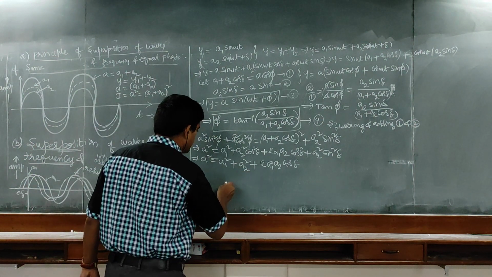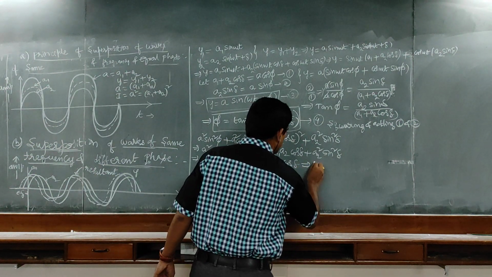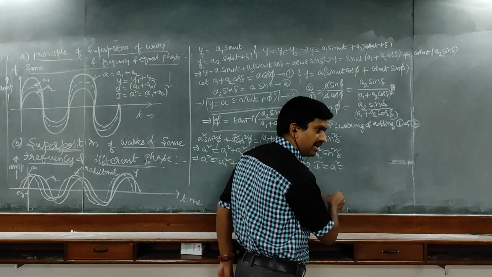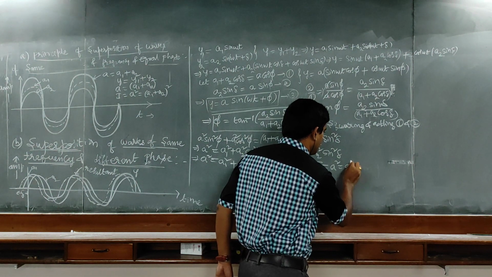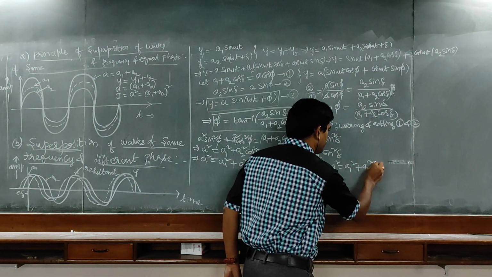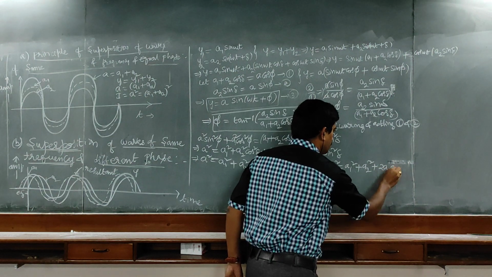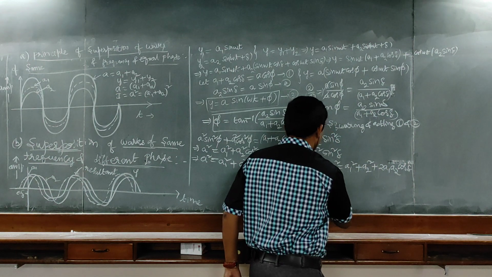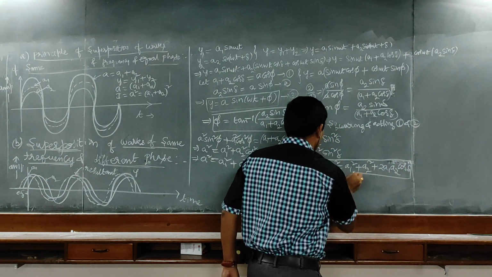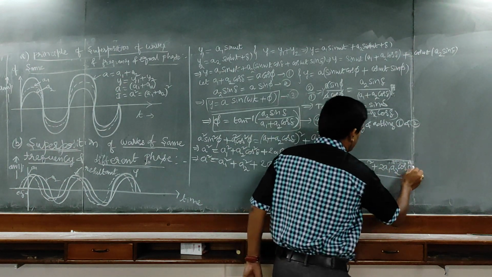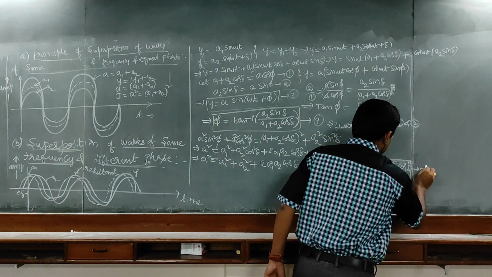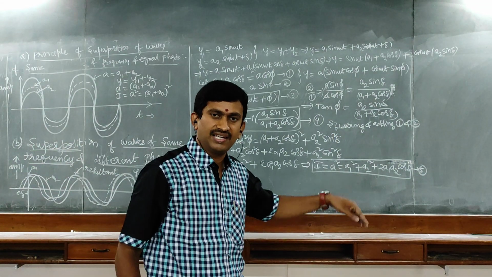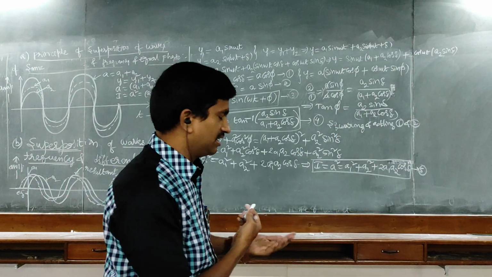This is the expression for the intensity of the resultant wave, that is, intensity I is equal to the square of the amplitude, which is equal to a1 square plus a2 square plus 2a1 a2 cos delta. Let it be named equation number 5. Equation 5 represents the intensity of the resultant wave.